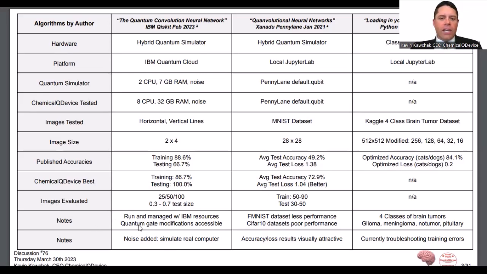Now, as you can see, I'm looking forward to programs like IBM's, because you can change the quantum gates. It's just right there in front of your face. Whereas with PennyLane, I think Keras and TensorFlow are doing the training classically, and it basically has a smaller quantum circuit than IBM.